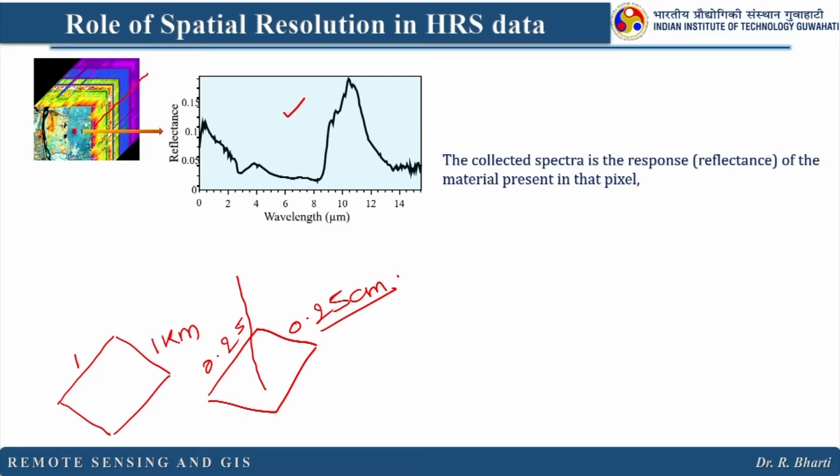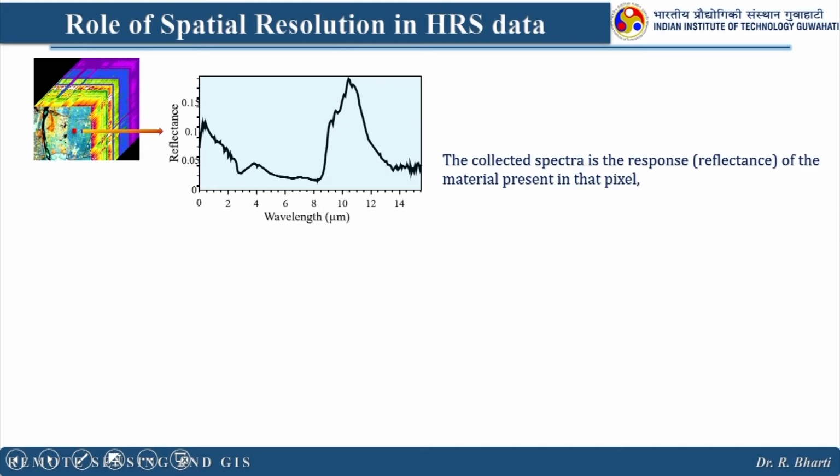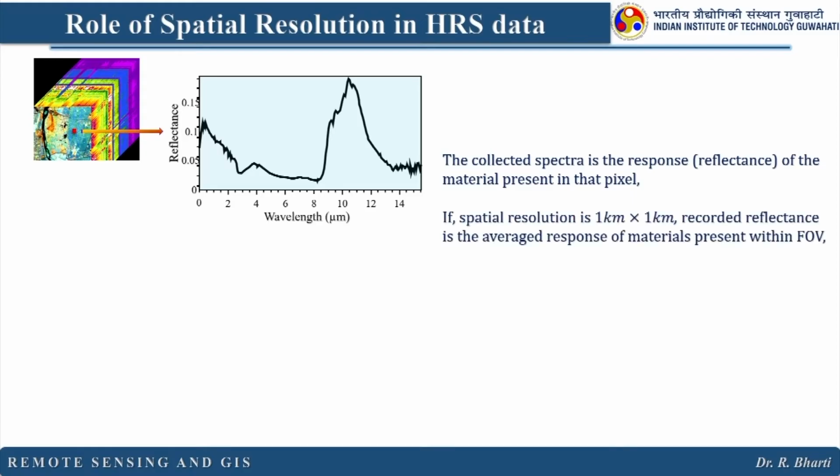So, that is why I have written the collected spectra is the response of the material present in that pixel. If spatial resolution is 1 kilometer by 1 kilometer, the recorded reflectance is the averaged response of material present within the field of view.